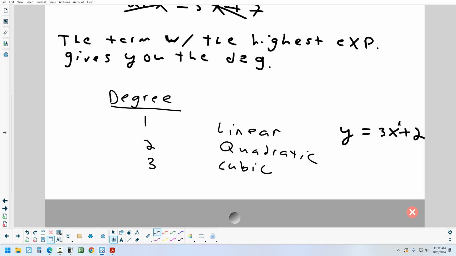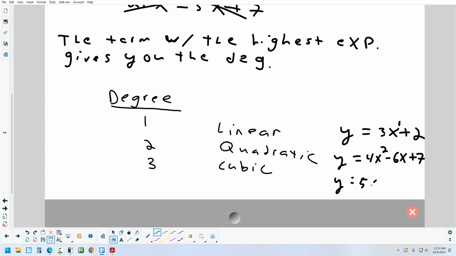If something's quadratic, what would be the highest exponent? It would be a 2. So something like 4x squared minus 6x plus 7. This polynomial has a degree of 2. And if something is cubic, the degree is 3.